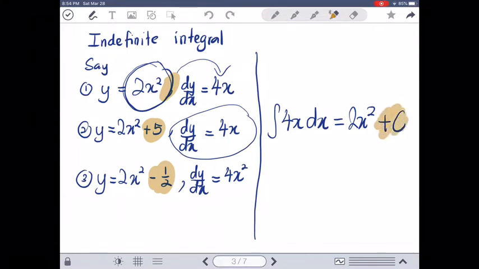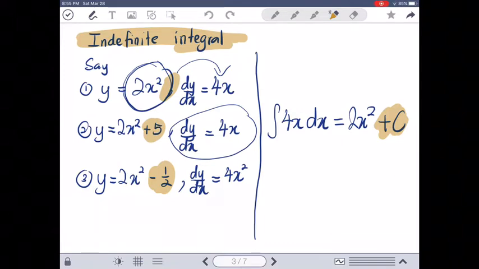So when we have plus c here, it means that we refer to an indefinite integral. As we go along with the lesson, you will understand why we must put plus c there.